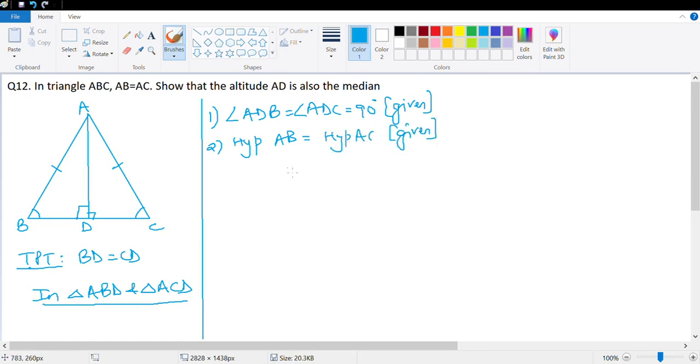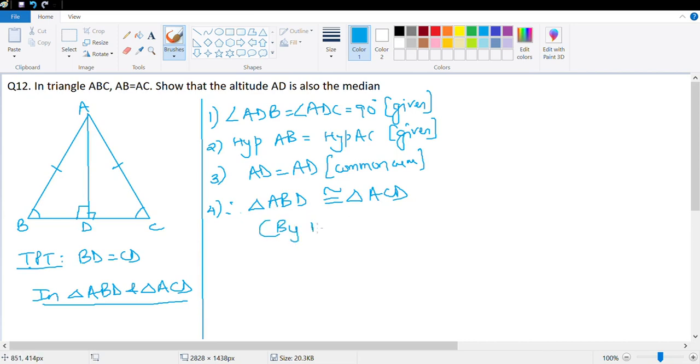Point number 3, AD is equal to AD, common arm. Therefore, triangle ABD is congruent to triangle ACD by right angle hypotenuse side test. What this gives us is BD is equal to CD.